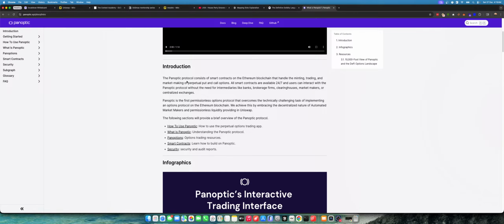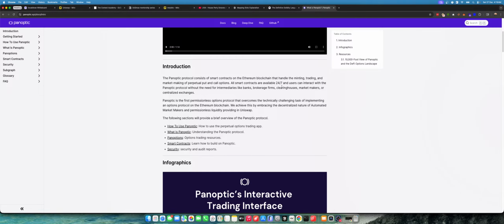The Panoptic protocol consists of smart contracts on the Ethereum blockchain that handle trading and market making of put and call options. Cool. So there are smart contracts that maintain trading. For put and call options, they mint.